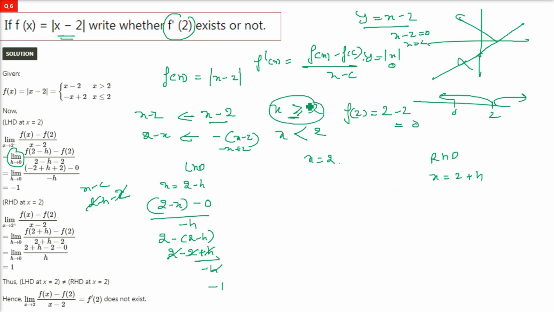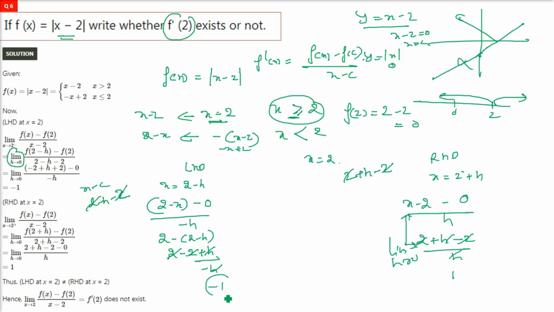Now for x greater than or equal to 2, you use the function x minus 2. So 2 plus h minus 2 divided by h, the 2 gets cancelled, h gets cancelled, you get 1. So the limit as h tends to 0 gives 1 on the right and negative 1 on the left. They are not matching. You can easily say that f dash 2 does not exist.